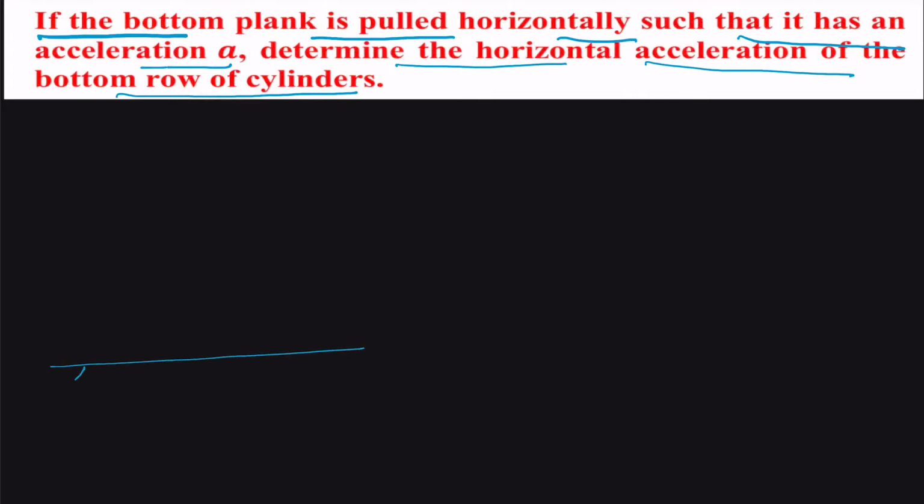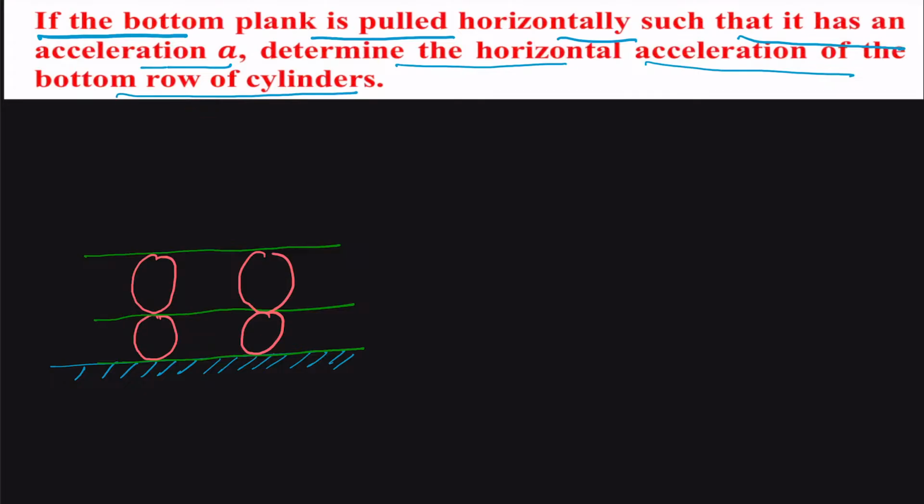So let us consider this is our base and we are having two cylinders, and above this base is our plank, the bottommost plank, and above this plank we have two cylinders, and above this once again we are having a plank, and then once again cylinders, and this is going to continue up till infinity.